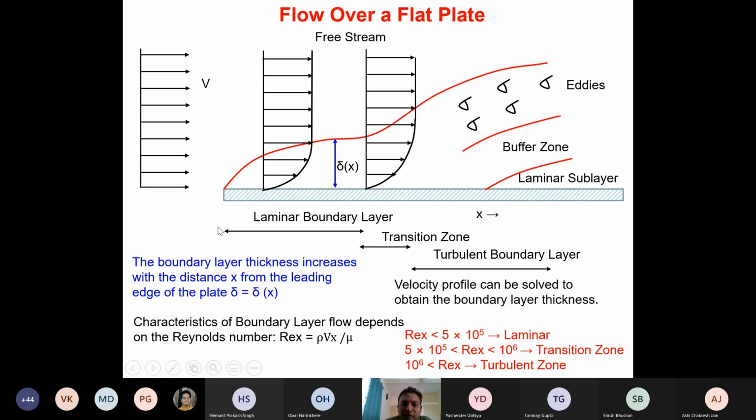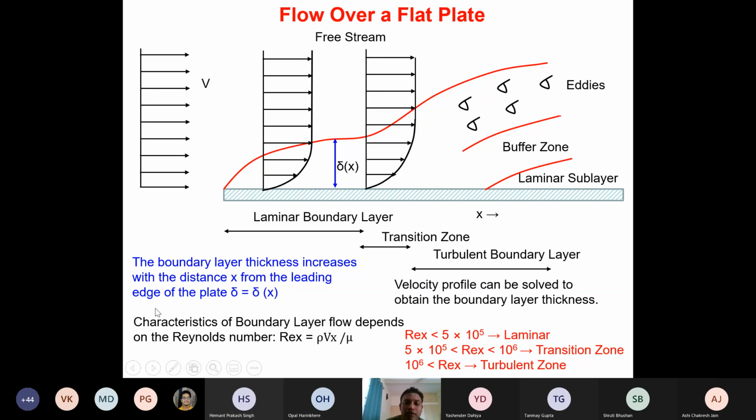So the distance x from the leading edge defines the Reynolds number, and therefore this Reynolds number is given as Rex. Here x indicates that the Reynolds number is calculated in terms of the distance x from the leading edge. So Rex is given as rho V x by mu, where rho is the density of the fluid, V is the velocity of the fluid, x is the distance from the leading edge, and mu is the viscosity of the fluid.